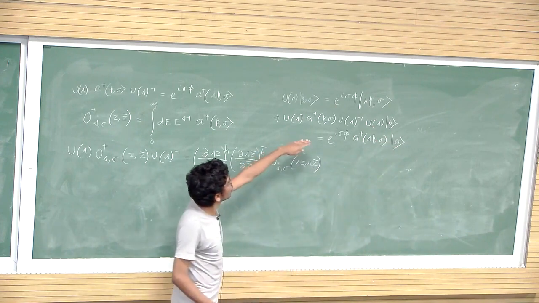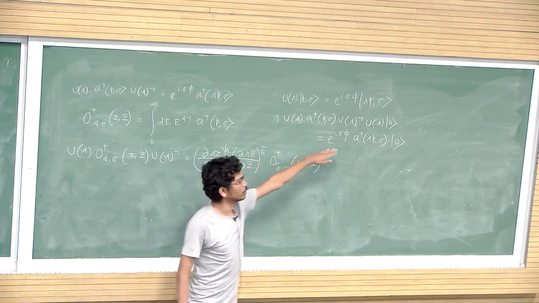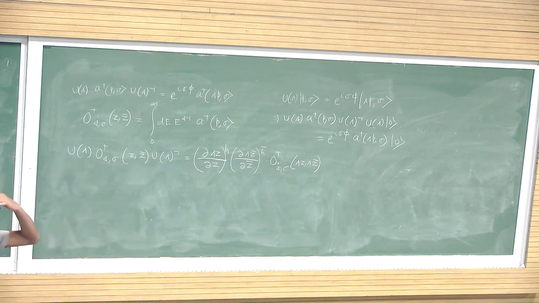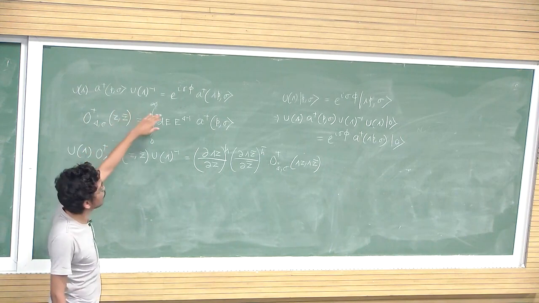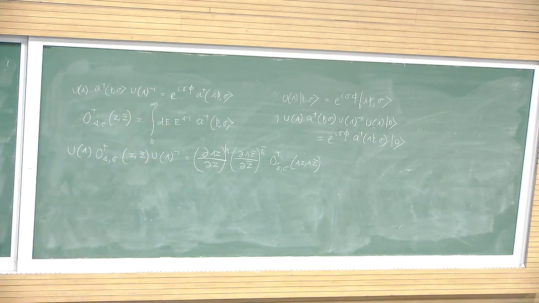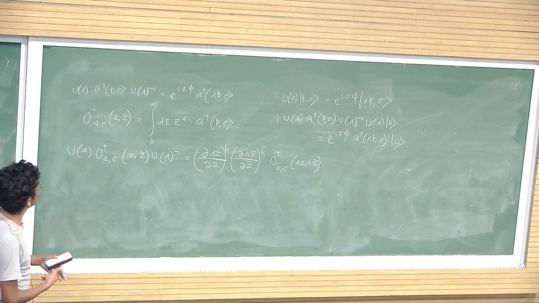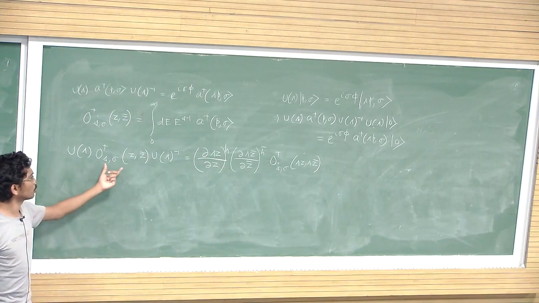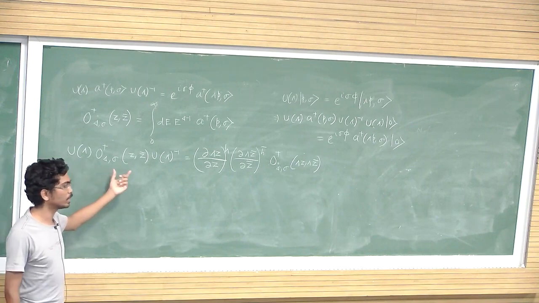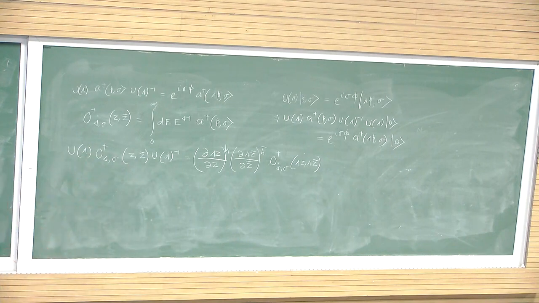So you see u lambda a dagger u lambda inverse is given by this transformation. For a massless particle, this state is diagonal under this Lorentz transformation. So this is the Lorentz transformation property of the Mellin transformed creation operator. A similar thing you can do for the annihilation operator as well.